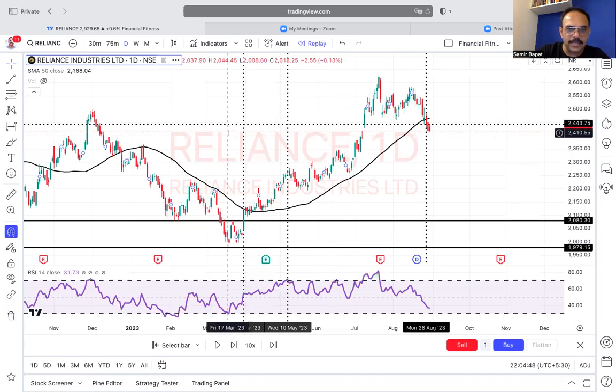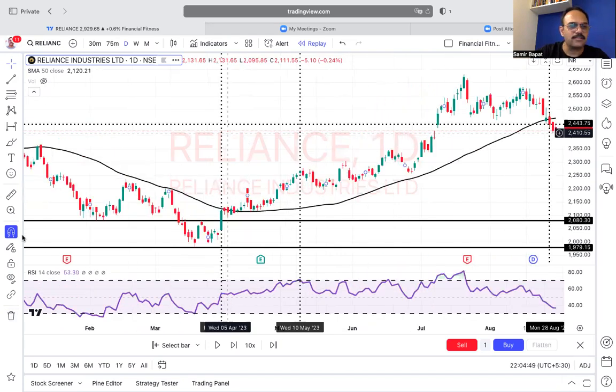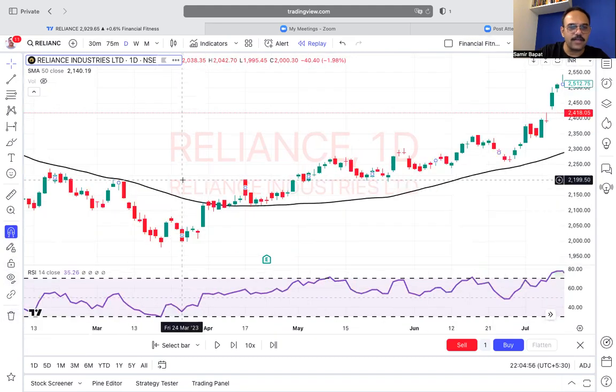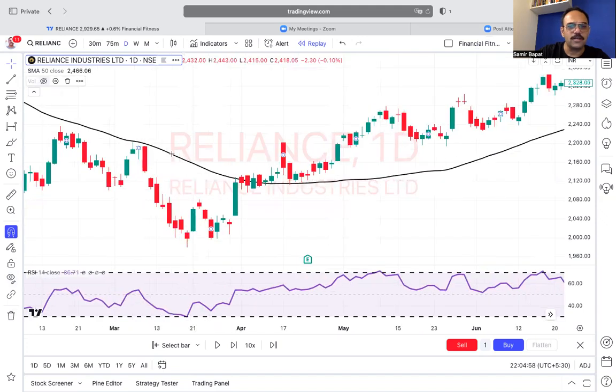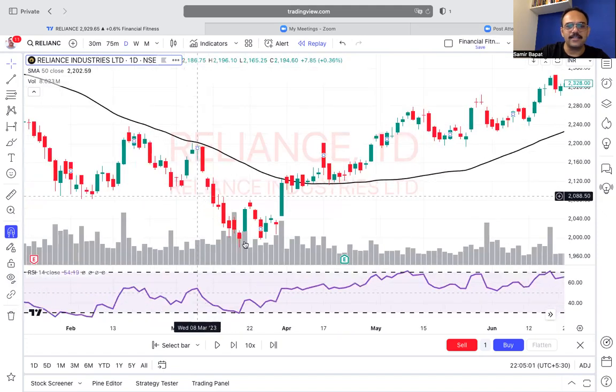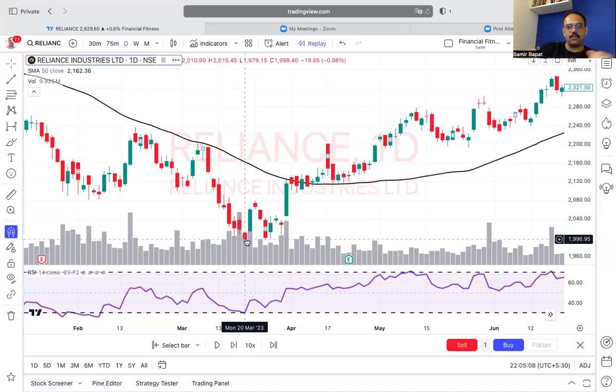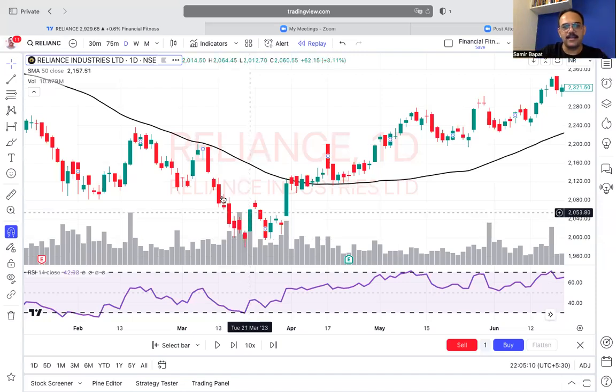Here, to see the aggressive entry, I'll remove the drawings. See again, when you are going down here and we switch on the volume, you will find that this is a morning star. It has gone down: the red candle, a candle with a long wick, and a green candle. This is forming a morning star with the volumes for the two candles.